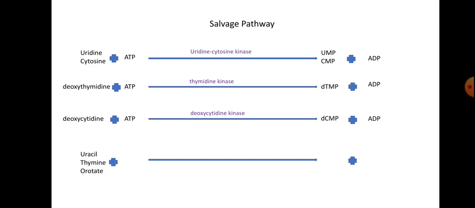Uracil, thymine, and orotate react with PRPP and gain a ribose 5 phosphate moiety to form UMP, dTMP, OMP, and pyrophosphate under the enzyme pyrimidine phosphoribosyl transferase.